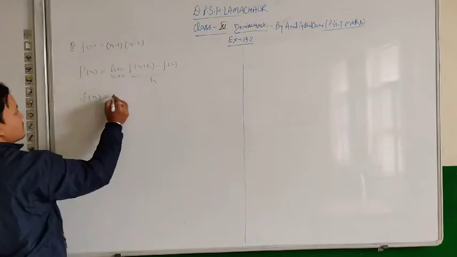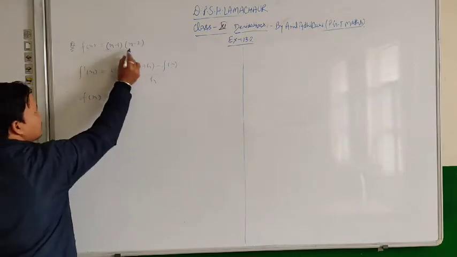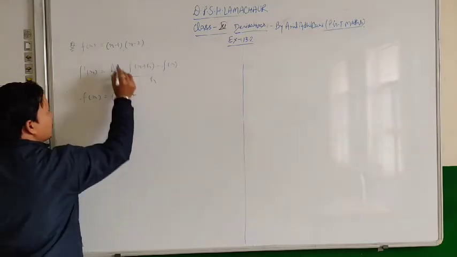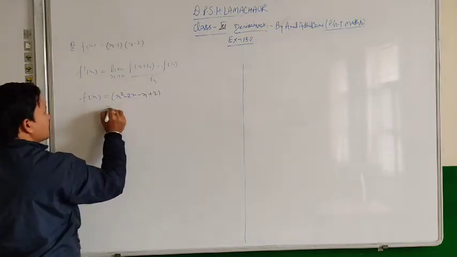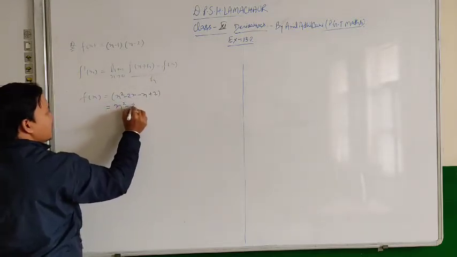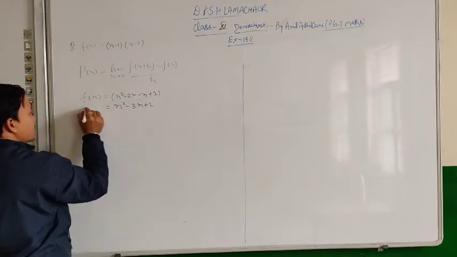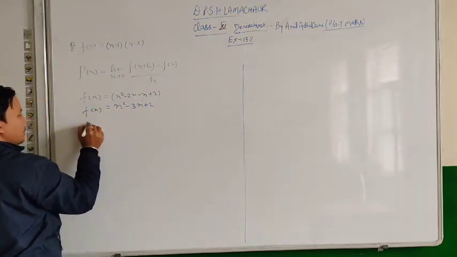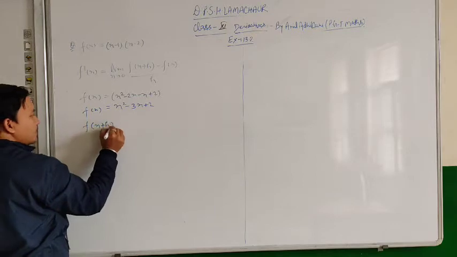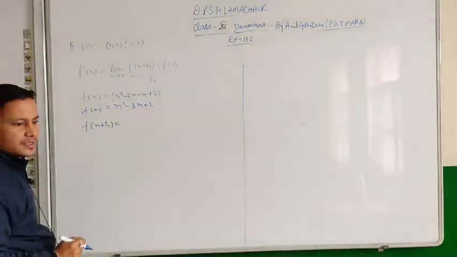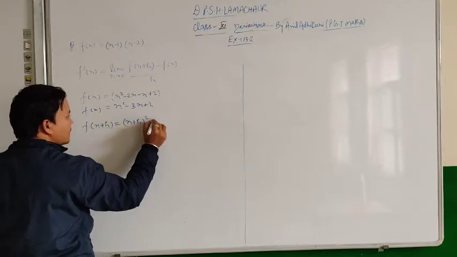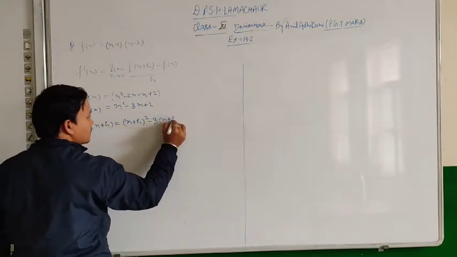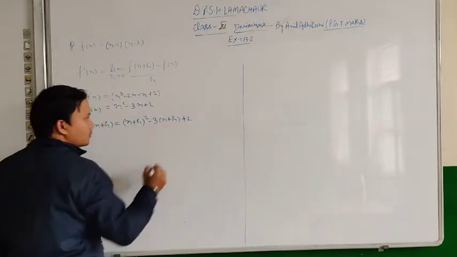So x minus 1, x minus 2, we get x square minus 2x minus x plus 2, that is x square minus 3x plus 2. This is our function. Now for f of x plus h, replace x in the given function with x plus h. So we get x plus h whole square minus 3 times x plus h, plus 2.